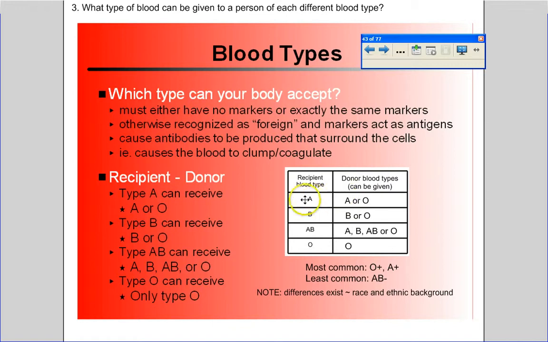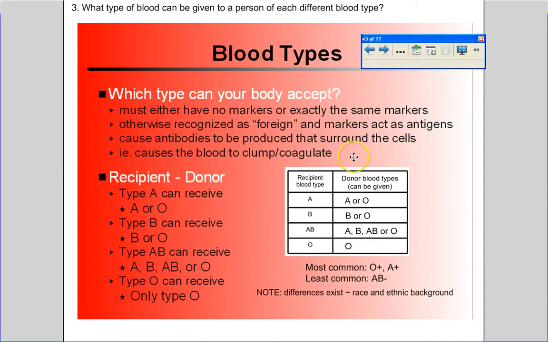So in other words, if you're type A, then you can only get type A or type O. If you're type B, then you can get type B or type O. If you're type AB, then that means that you would recognize type A as self, type B as self, type AB as self, or even O would be okay. If you're type O, though, the only type that you can receive is type O blood. Okay?